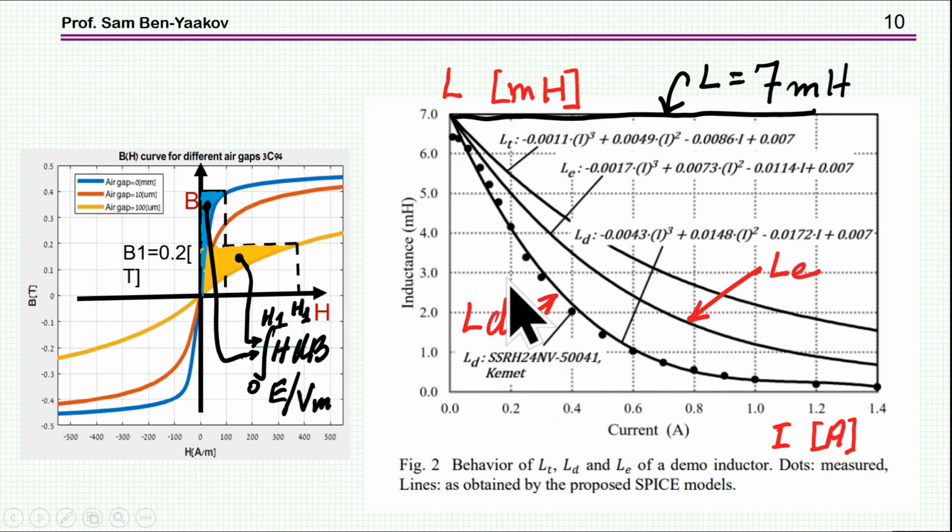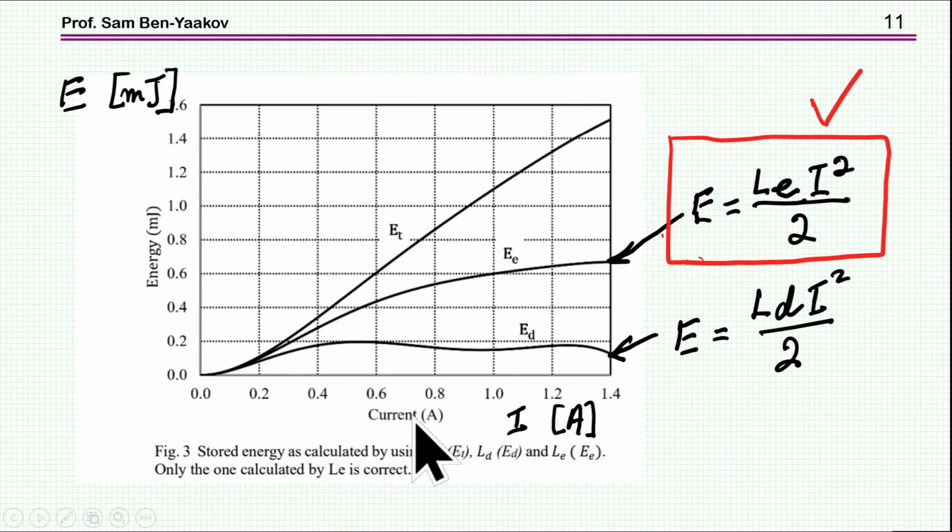And what we see is that the derivative, or local, or differential, or small-signal inductance in this particular core is going down pretty much. But you cannot use these values at each point to calculate the energy stored. The actual inductance you have to take into account is the inductance based on the energy stored. You get the value of this inductance, and then you can use it as Li squared over 2.